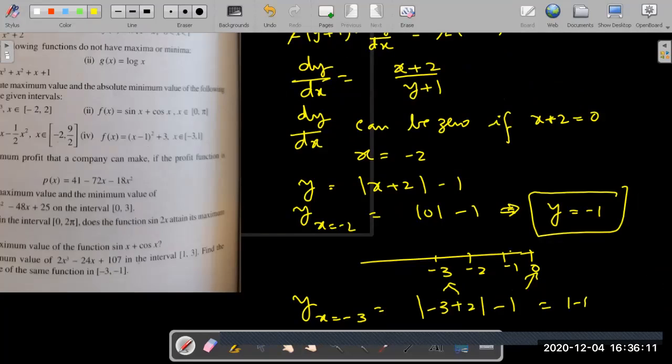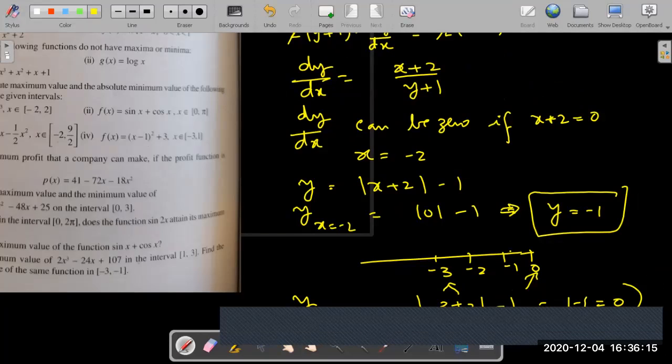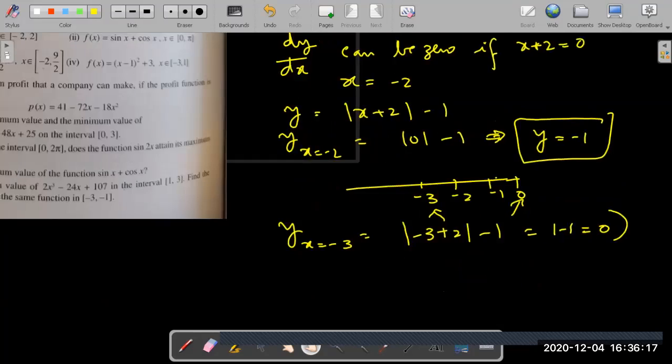That becomes 1 minus 1, this is 0. And y at x equal to 0 is 0 plus 1 minus 1, that's 1 minus 1, again 0.